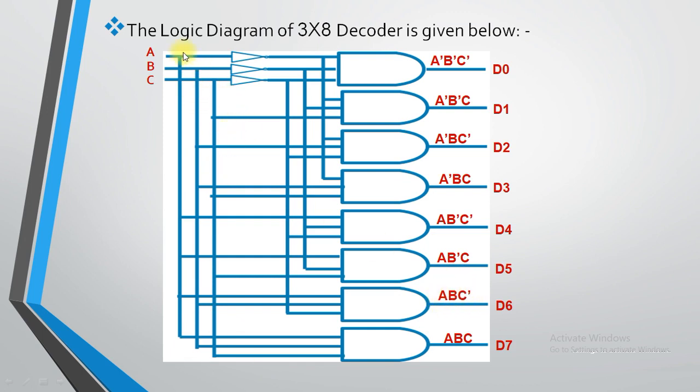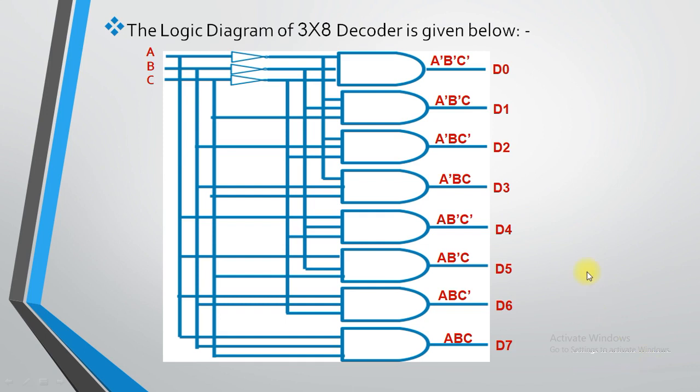So you need to take a cable from A over here, then you need to take a cable from B and C dash. So after the inverter you need to take the value. So in this way you can use the decoder, and this is the logic diagram to represent the 3/8 decoder.